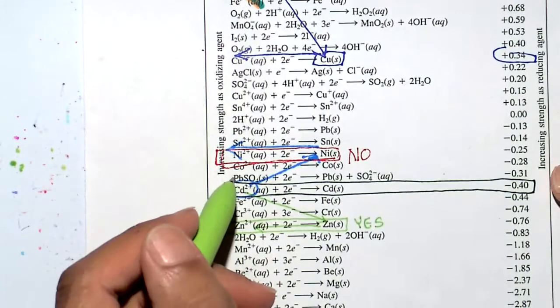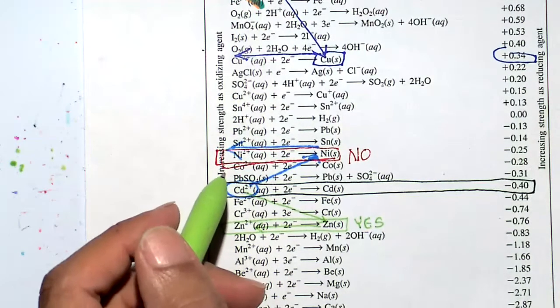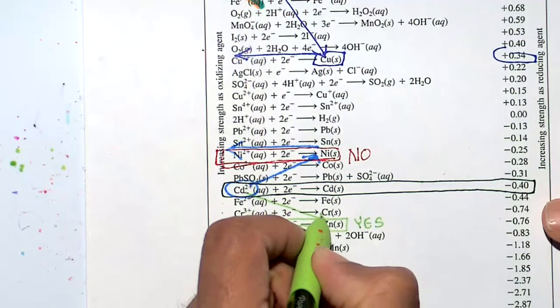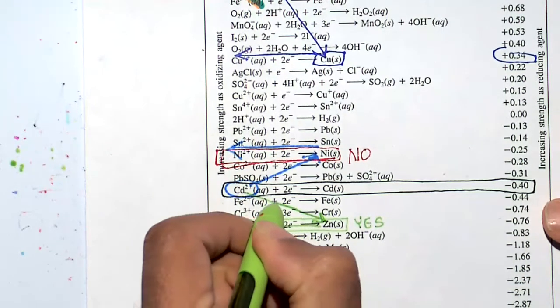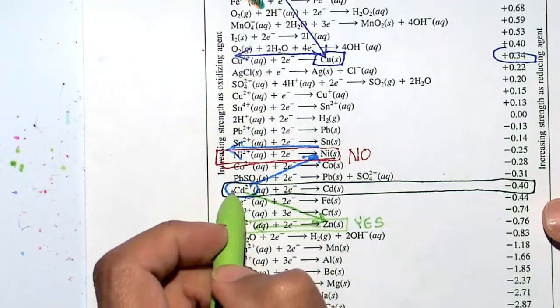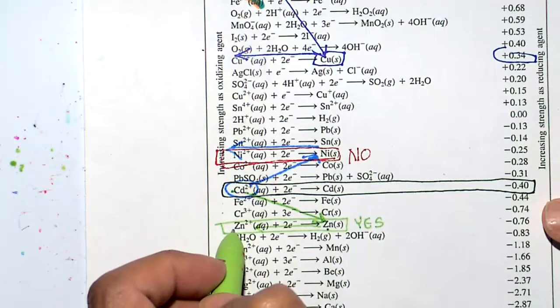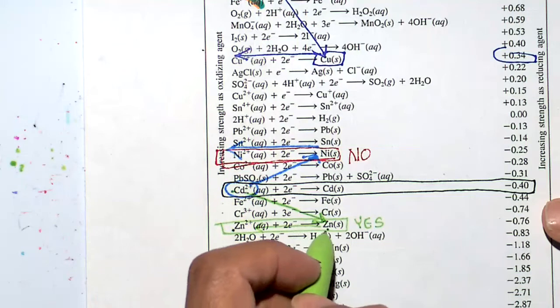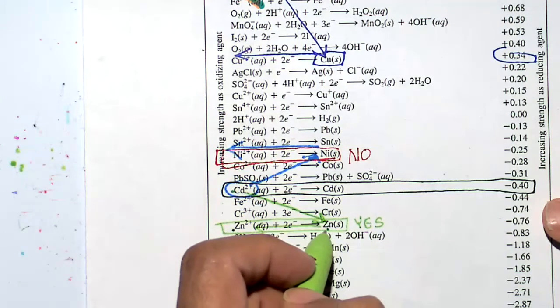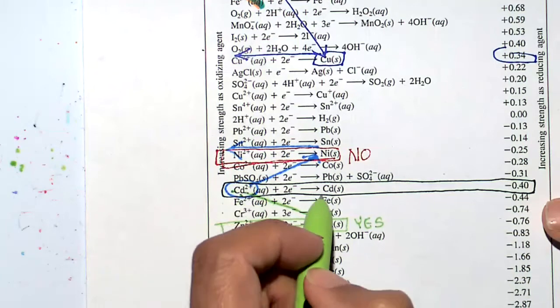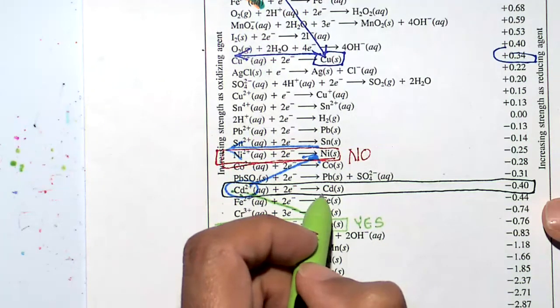All right, let me tell it to you in another way to try to confuse you, because everything is about confusion. Cadmium can oxidize zinc solid to zinc plus 2. Can zinc solid reduce, look at my wording here, can zinc solid reduce cadmium plus 2 to cadmium solid? Yes or no?